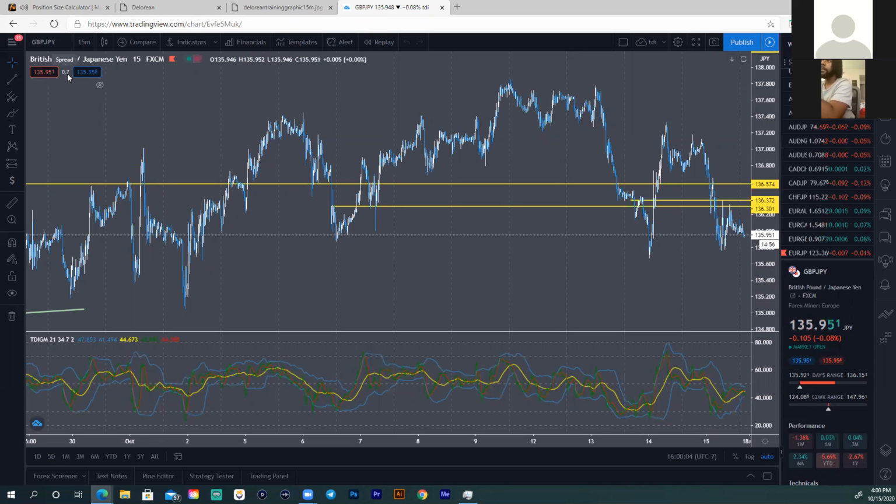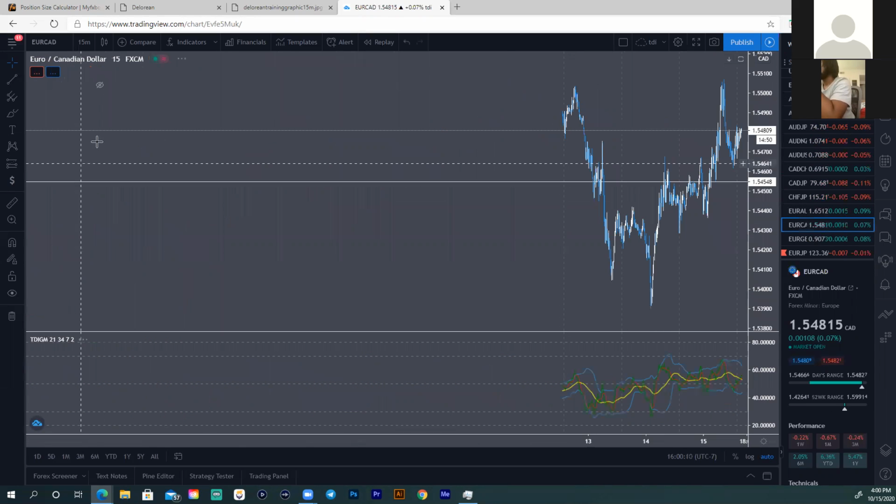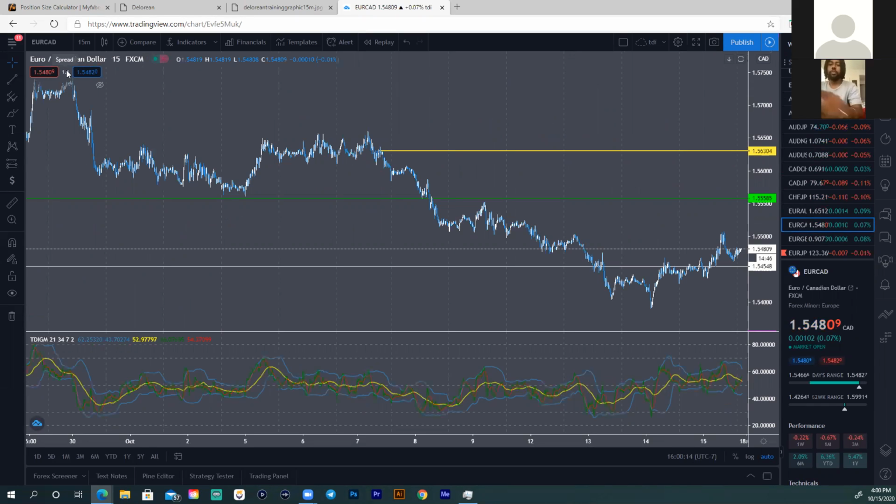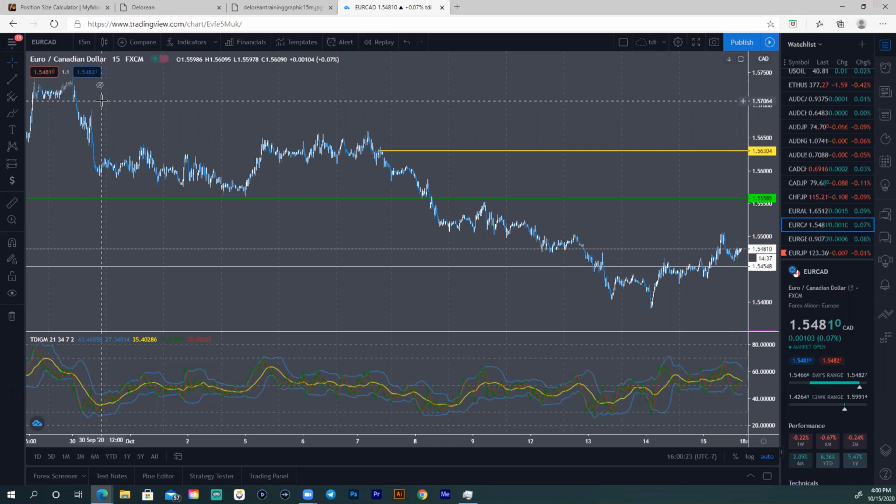So right now, the spread for GBP, I'm actually going to Eurocast since that's the example I'm doing. The spread right now is 1.2 pips. What you will see in MetaTrader 4 is points, remember, or yeah, points.